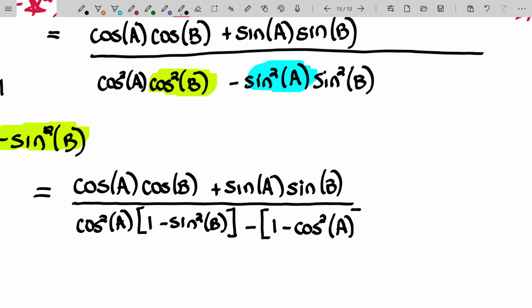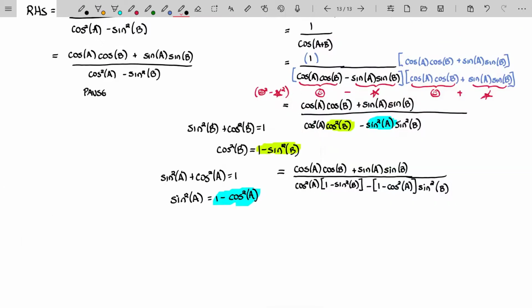And again, the reason why I'm doing that is because I don't have a sine squared of a in that other fraction that I want this to eventually look like. I want these two fractions, this guy right here where I paused, and this fraction that I'm working on, to be the same.